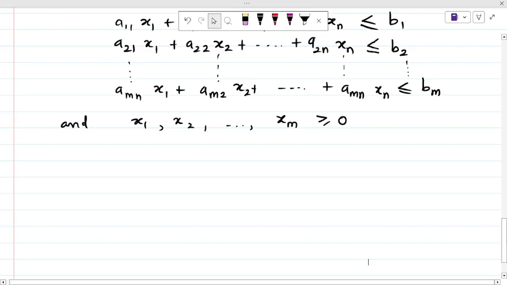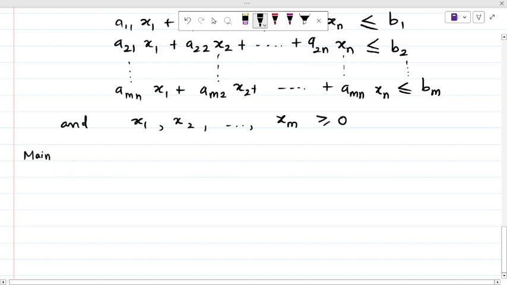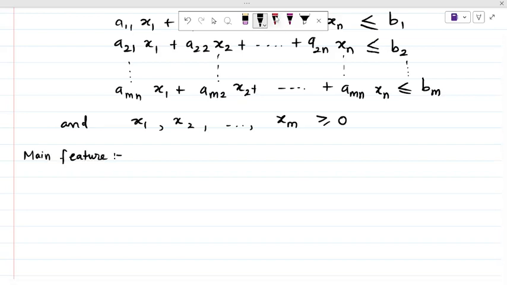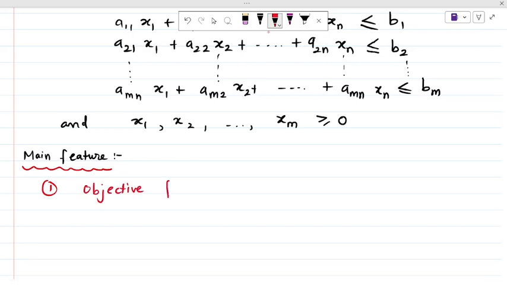Okay, let me give you all the features here. The main feature is that first, the objective function is of maximization type.